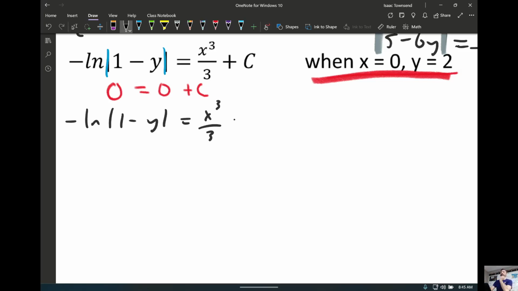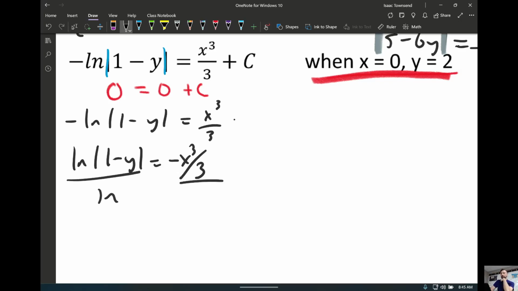Okay, and then to solve this, again, this negative is kind of in the way before I can use this log property. So take one step and just multiply both sides by a negative. Alright, but this sounds like this might have been new to you today. This is not natural log times 1 minus y, where you can divide both sides by natural log.